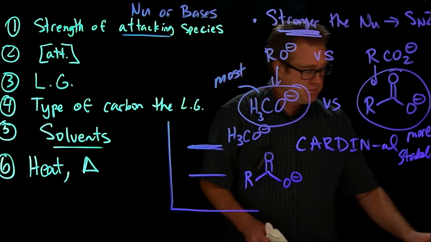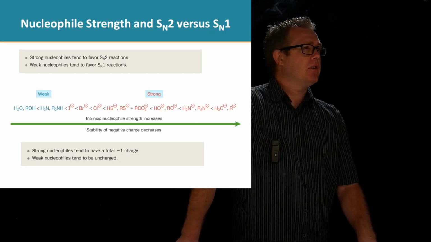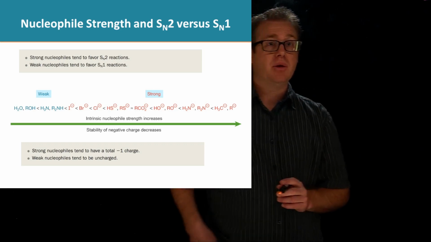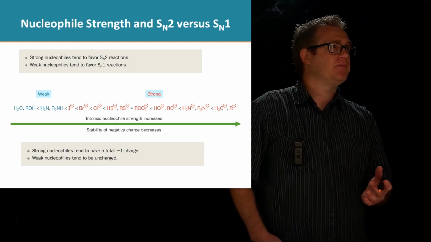So let's clear off this board. Now let's take a look at an SN1 reaction and how the nucleophilic strength affects the rate. So if we take a look at our PowerPoint again, let's look at some of those weak nucleophiles, because weak nucleophiles favor SN1 mechanisms.